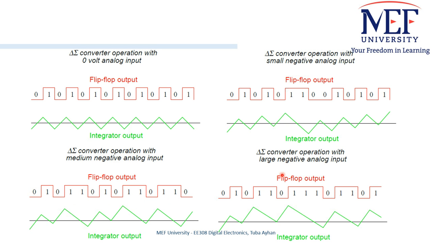And if we have a small negative analog input, then we will again have ones and zeros, but not in 1010 form.